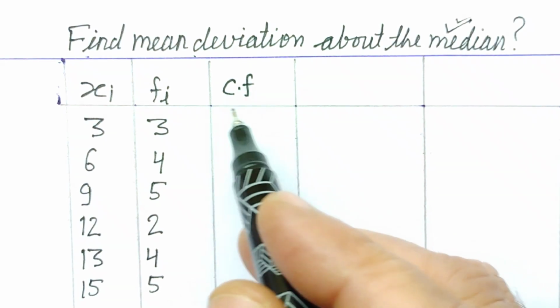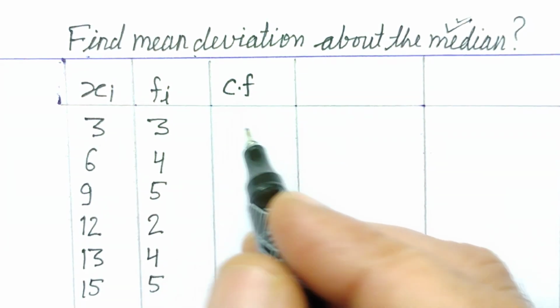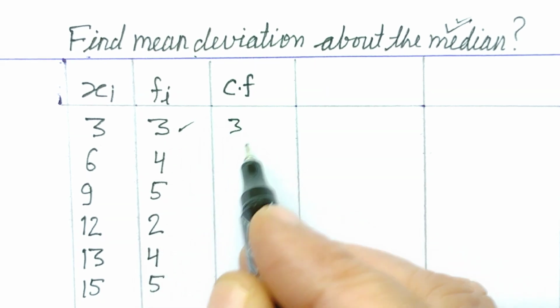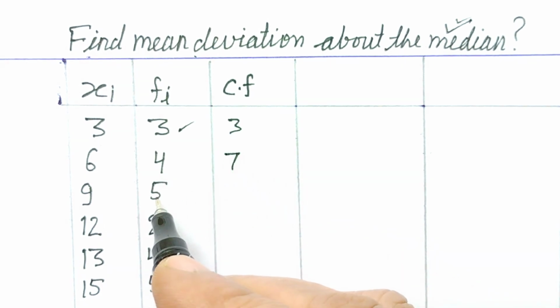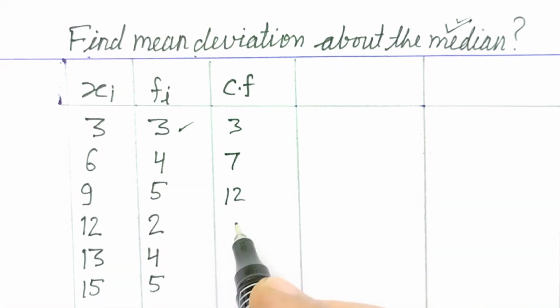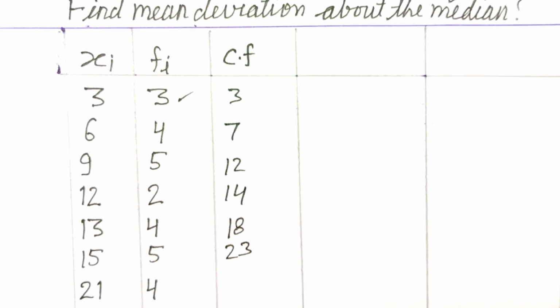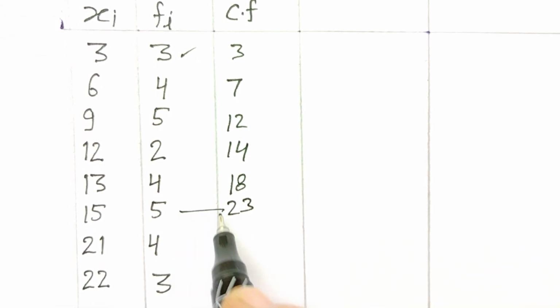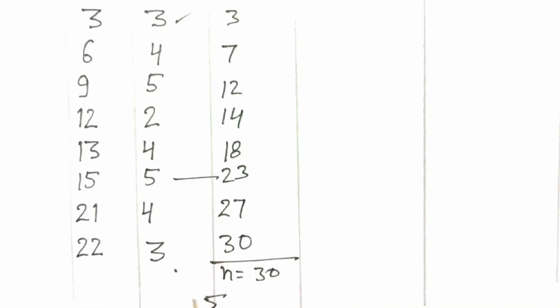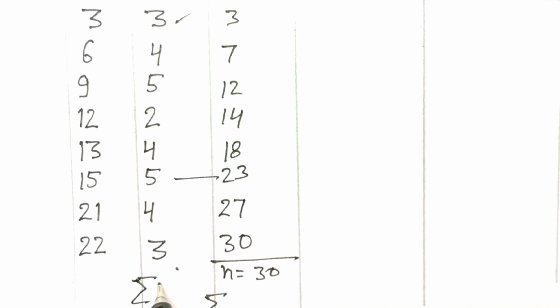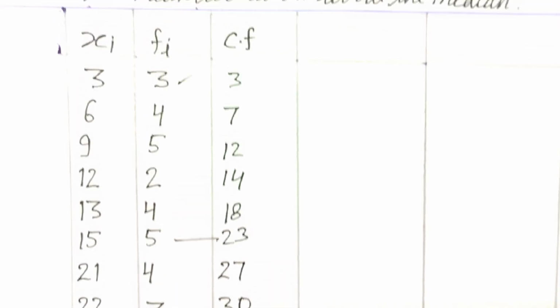So the cumulative frequency, CF, will be 3. Now 4 added gives 7, plus 5 is 12, plus 2 is 14, plus 4 is 18, plus 5 is 23, plus 4 is 27, plus 3 is 30.